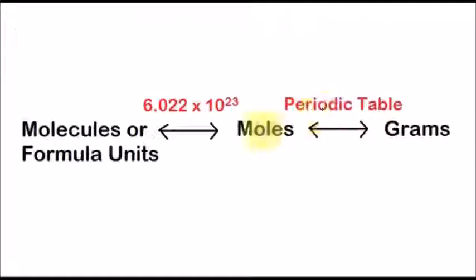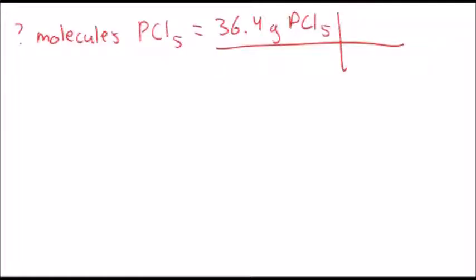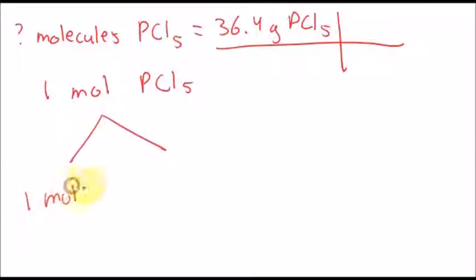If you look at our chart here, grams to moles first. So we know, again, in order to look at the molar mass of phosphorus pentachloride, you can think of 1 mole of PCl5 as 1 mole of phosphorus and 5 moles of chlorine.